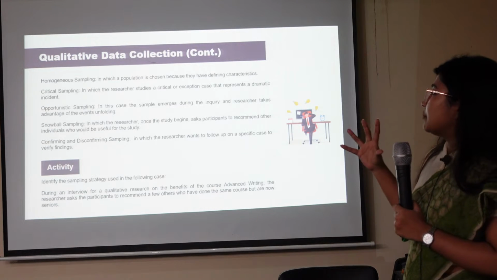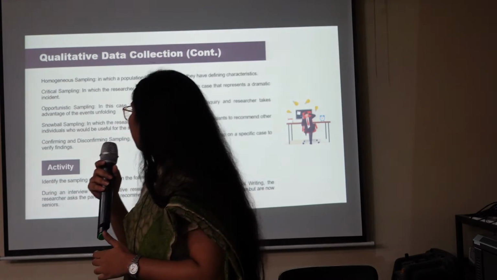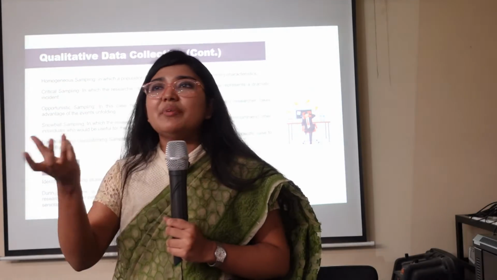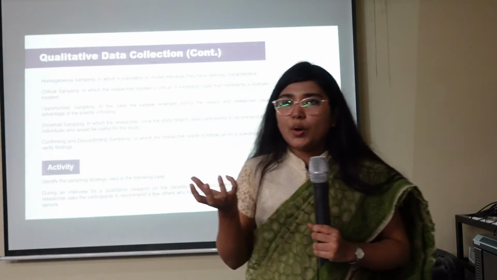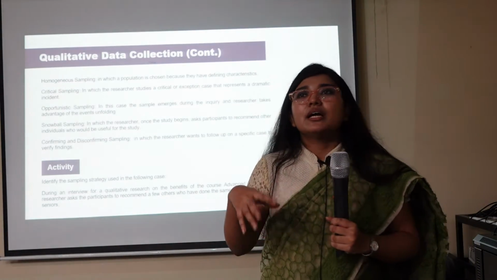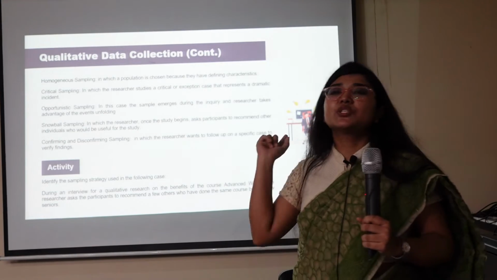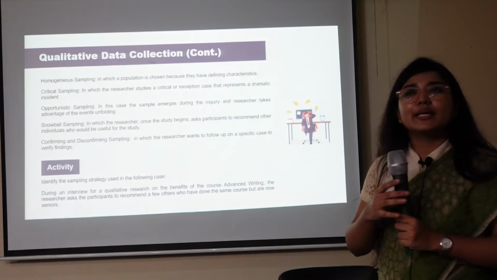Snowball sampling is where the researcher, once the study begins, asks participants to recommend other individuals. Snowball is always that game, you know. You make a ball of snow and you hit somebody with it, and then that person is tagged. Then that person has to hit somebody else, and that person is tagged. So this is somewhat like that.